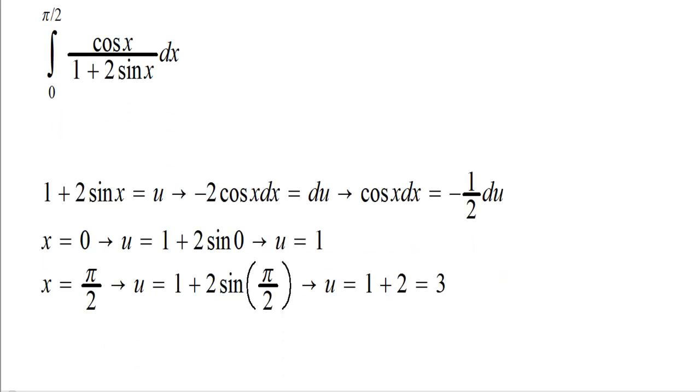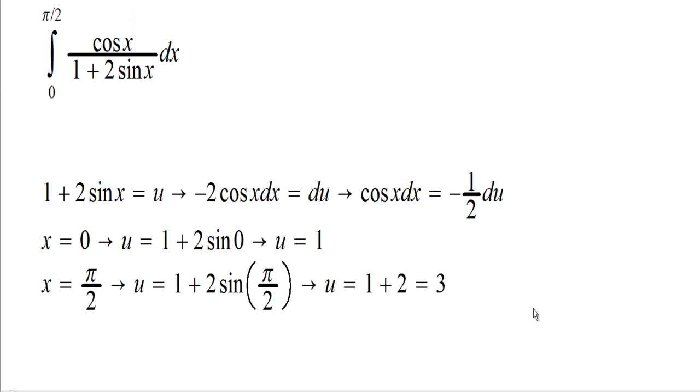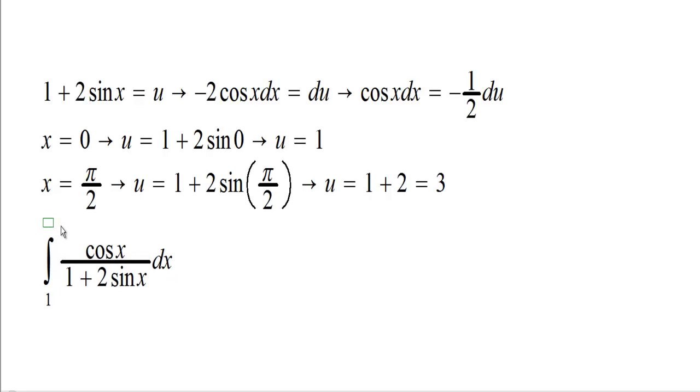So u is 3. I mean, that's what you meant to say. Okay, good, very good. So let's go here. So our limit transforms from 1 to 3, right? This guy cosine x dx becomes what? Negative, right? Right, negative 1/2, correctly said, right?